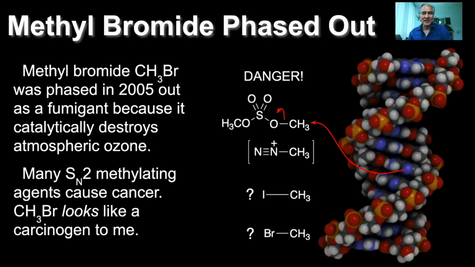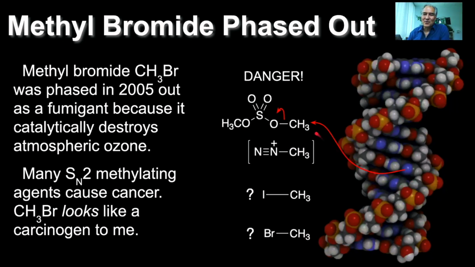Now that's not a problem because most of the DNA doesn't actually encode for proteins. And most of those proteins, if you do have a mutation, it doesn't really hurt the cell in some bad way that leads to cancer. But there are some genes that you need to protect, jealously guard, like the gene that encodes for the P53 tumor suppressor protein. Don't mess with that gene.